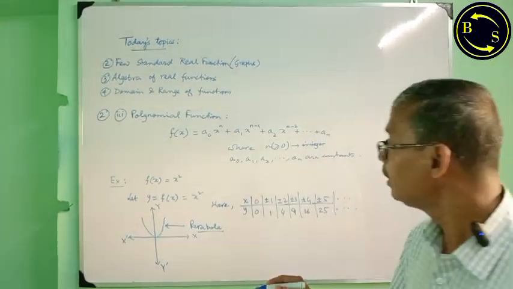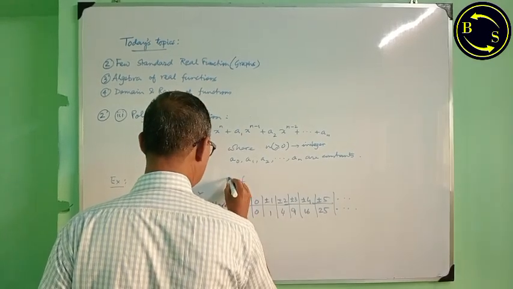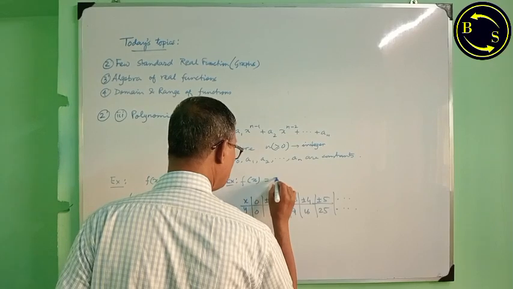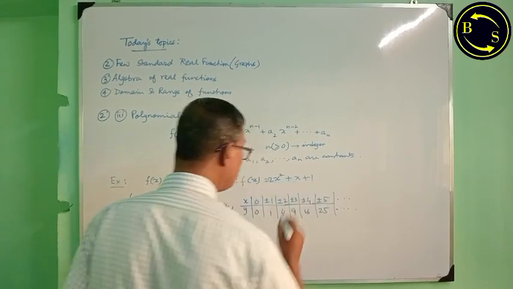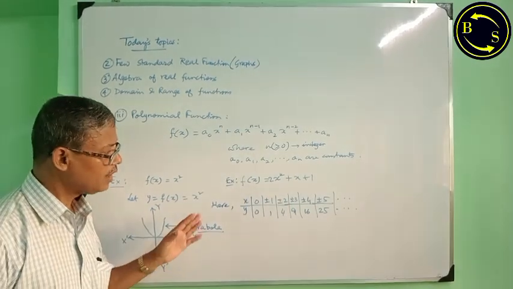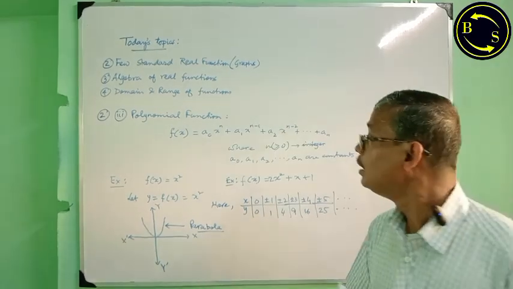Also, we can take any polynomial of this form, and by making this table we can draw the graph.